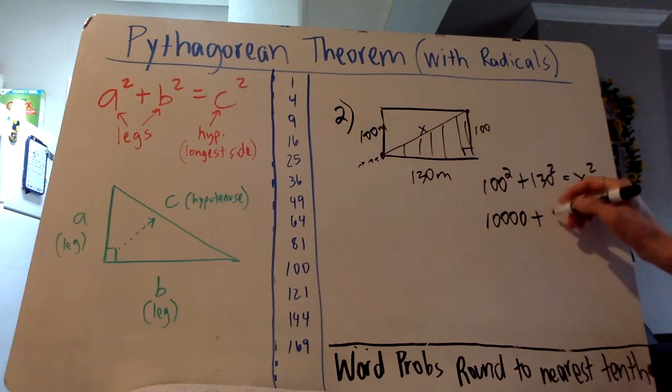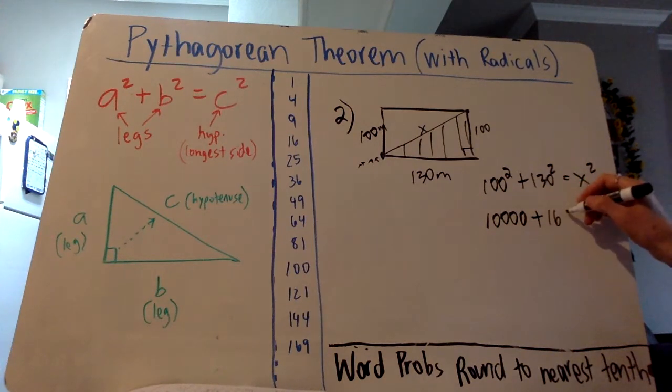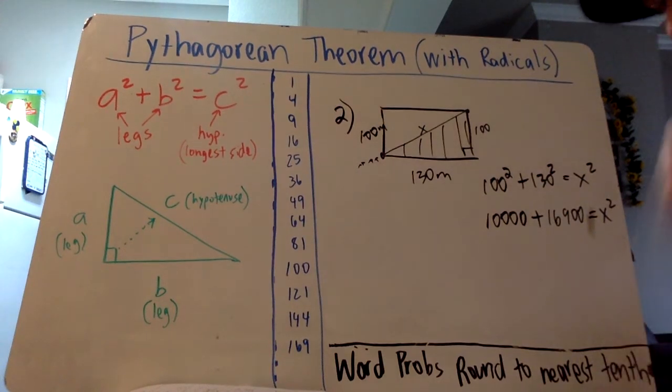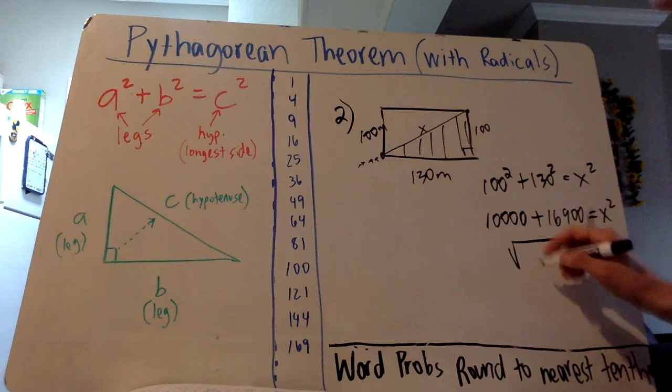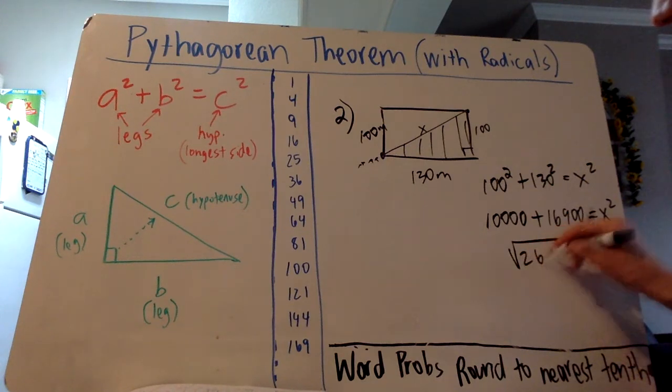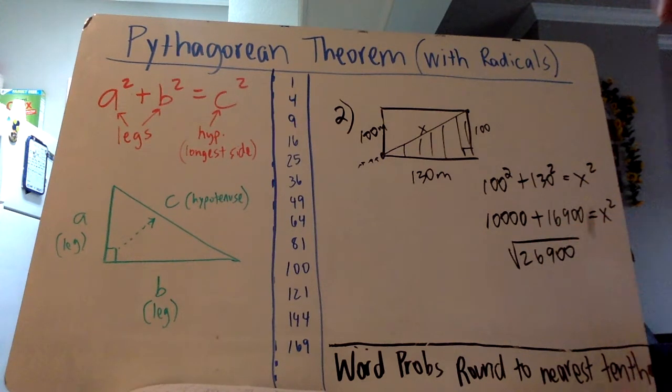What is that? 16,900 plus 10,000 equals x squared. All right, add those up. Then you're going to end up getting the square root of 26,900 equals your x. I skipped a step there, but that's okay.